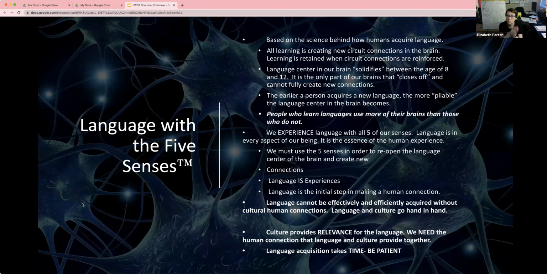Language is experiences. Language is connection. It is how we connect to other human beings. And so we need to have that cultural piece. We need to have that humanistic piece. We cannot take the human out of language. We just can't. There is no way we can acquire language without the human piece.